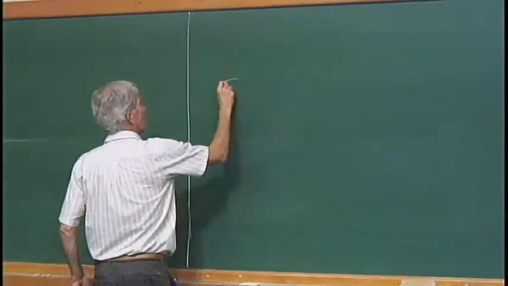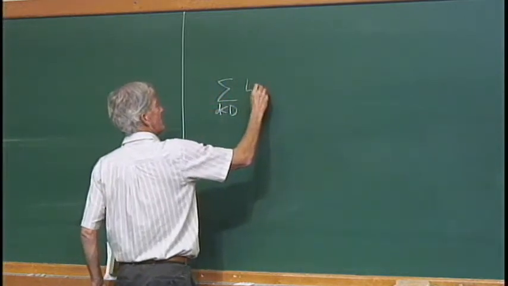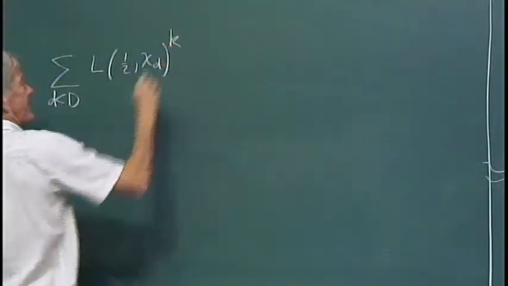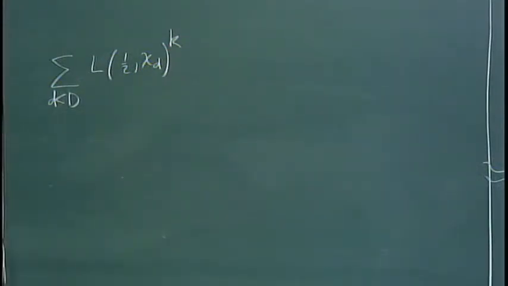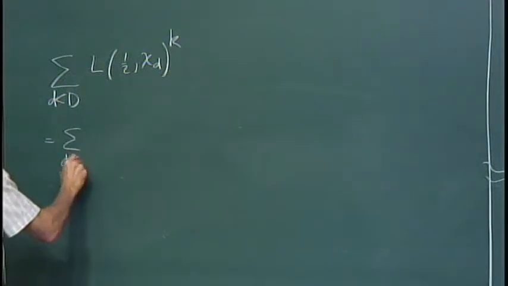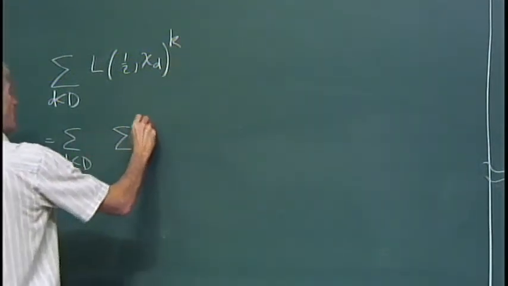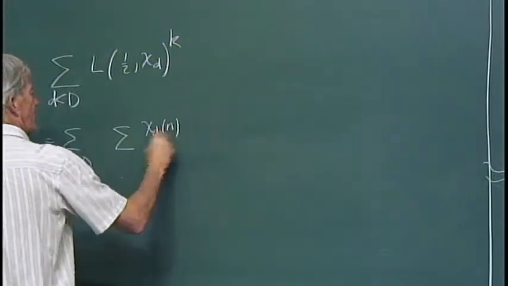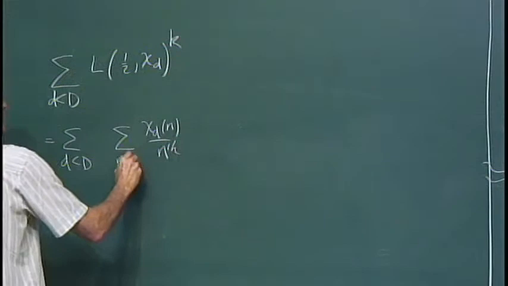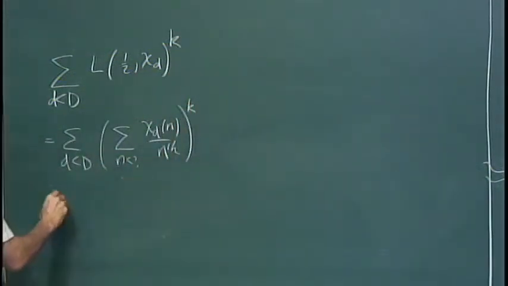Well, let's say you're trying to do the summation over d less than D of L of 1/2, chi_d, to the k, something like that, right? Well, we think that this is the summation of chi_d of n over n to the 1/2 for n up to something or other, and then that to the kth power.